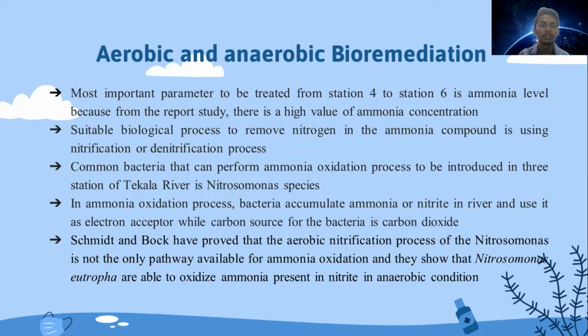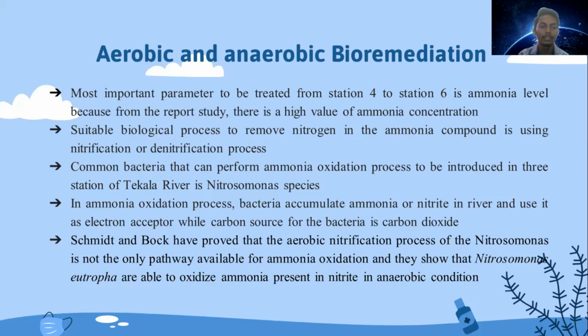So a suitable biological process to remove nitrogen in the ammonia compound is using the nitrification and the denitrification process. The most common bacteria that can perform the ammonia oxidation process to be introduced in the stations of the Tekala River is mainly the Nitrosomonas species.